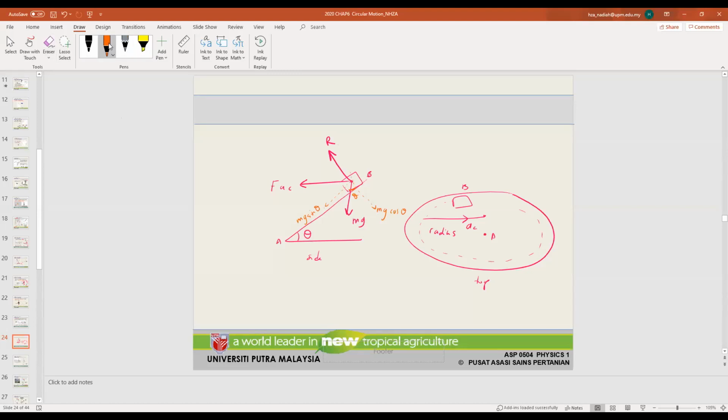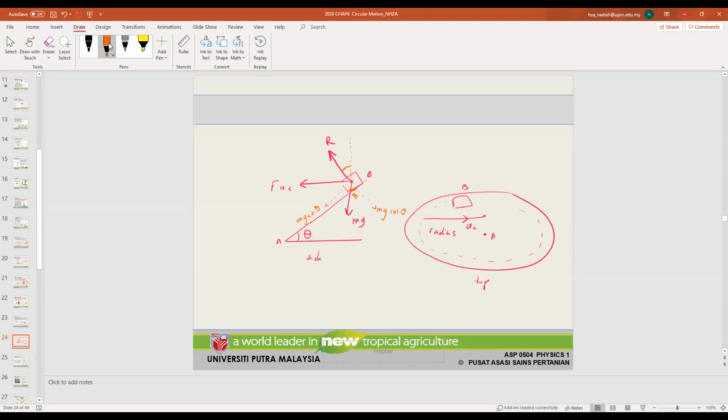Saya nak buat angle macam mana ni? This is perpendicular. This is in this direction. Okay. What is the angle over here? Is it theta or not? Or is it 90 minus theta? It's theta.